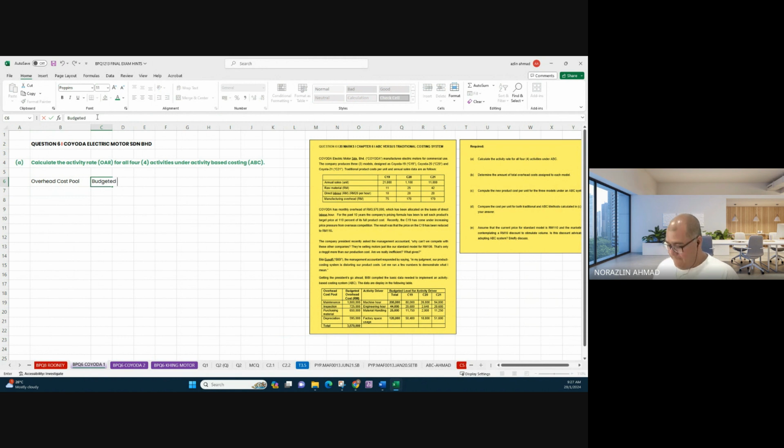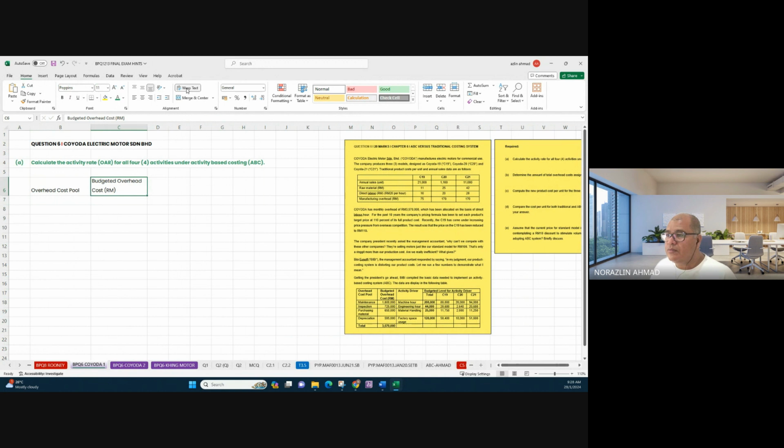Budgeted overhead cost in RM. Activity driver or cost driver.